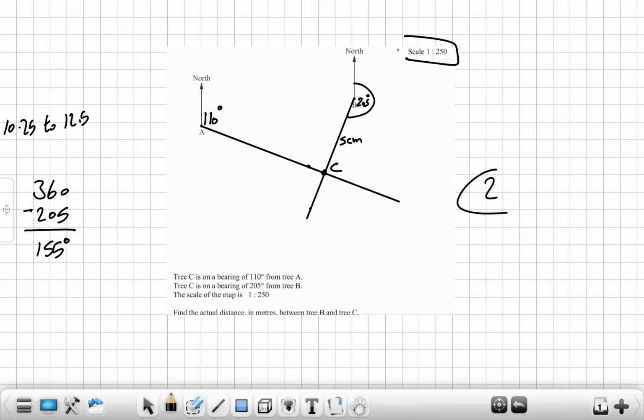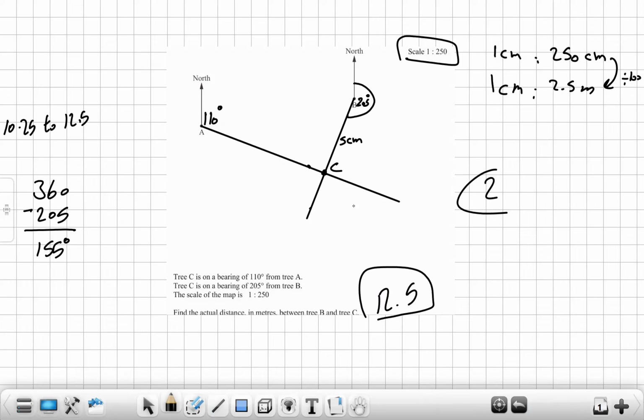They told you the scale over here. 1 centimeter is actually 250 centimeters. So 1 centimeter is actually, divide this by 100 to make it into meters, is actually 2.5 meters. Good. I got 5 centimeters. Multiply this by what? You need to multiply it by 2.5. It is going to give you exactly 12.5.